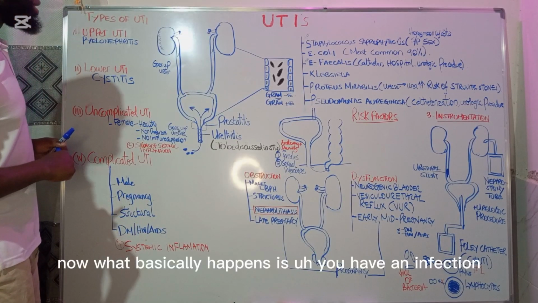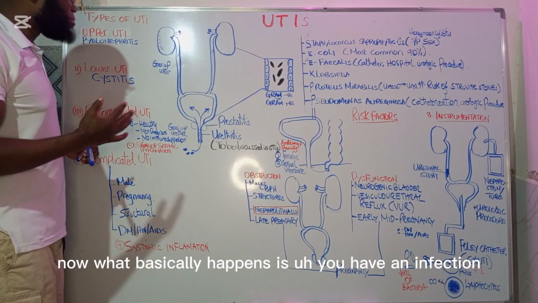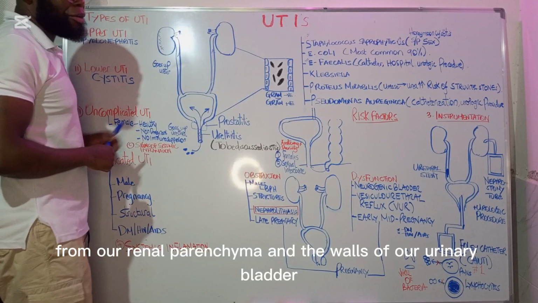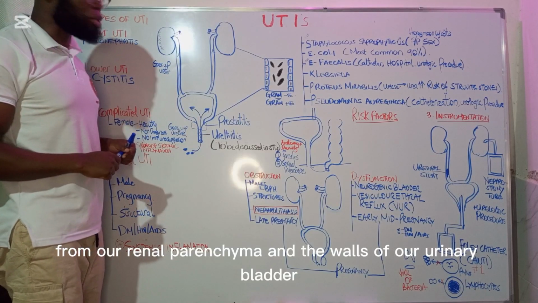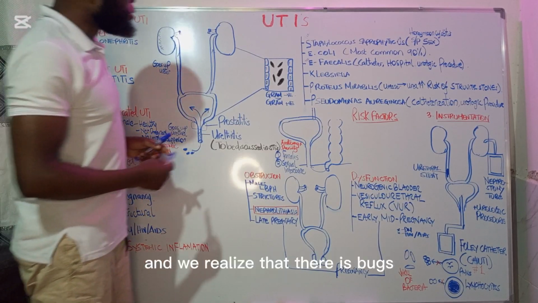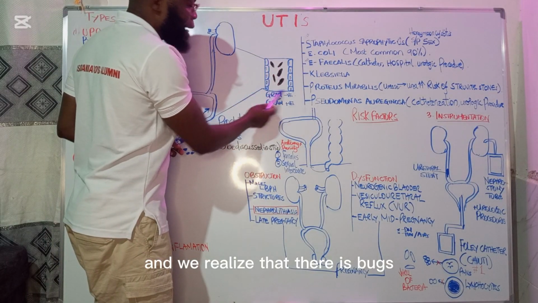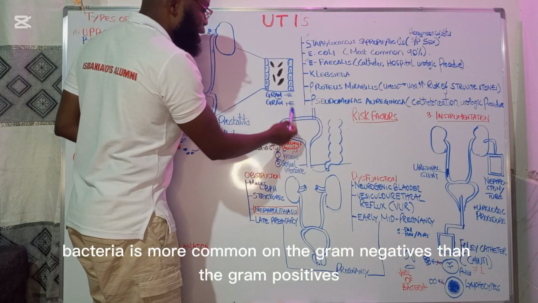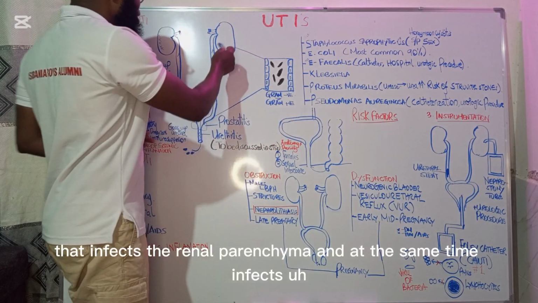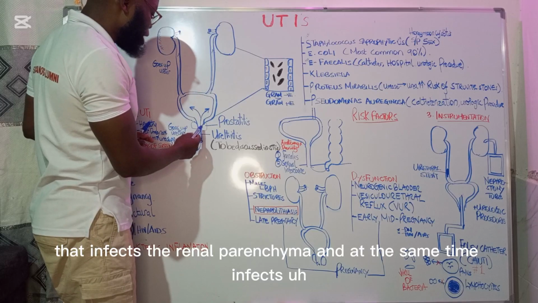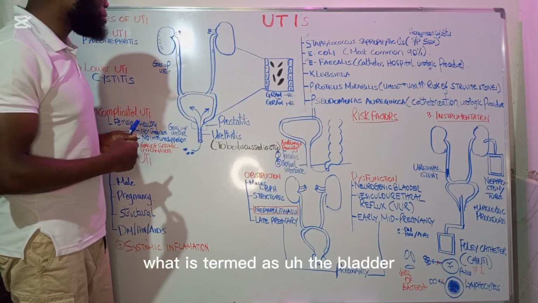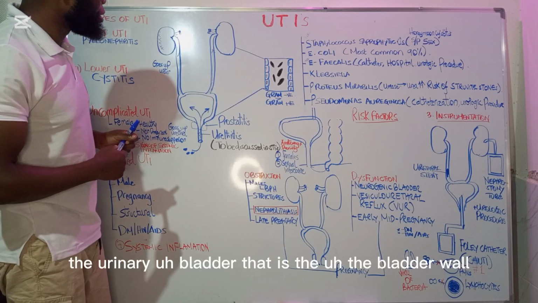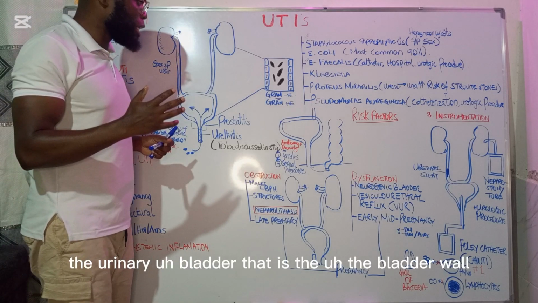Now, what basically happens is you have an infection. We will zoom in right from our renal parenchyma and the walls of our urinary bladder, and we realize that there are bugs, bacteria, more commonly gram negatives than gram positives, that infect the renal parenchyma and at the same time infect the urinary bladder, that is the bladder wall.